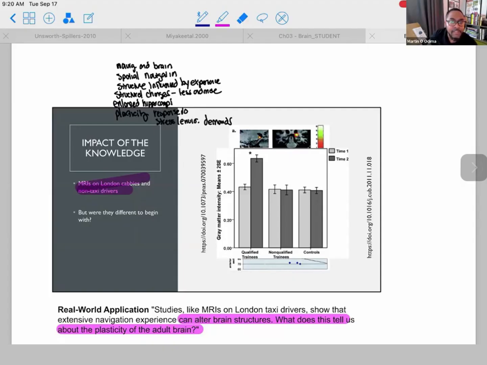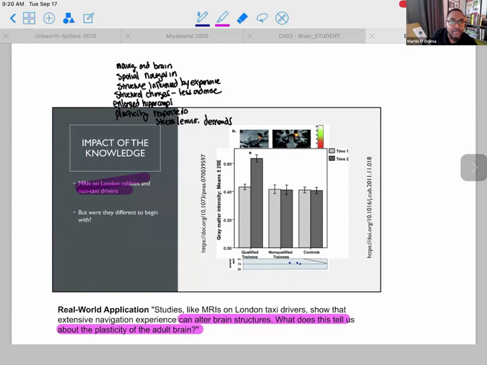Basically, the more experience you have as a taxi driver, the more it would influence the structure and increase parts of the brain, in this situation something called the hippocampi. It shows that the brain can be changed based on the environment and experiences.